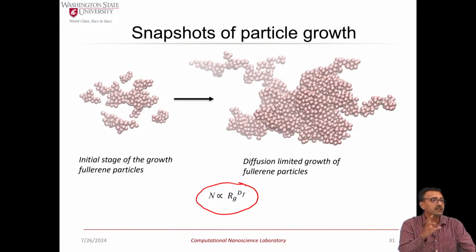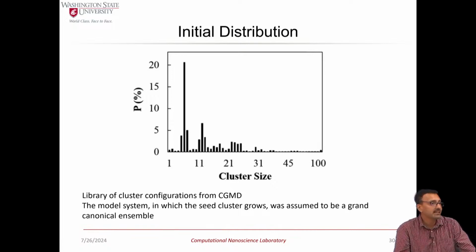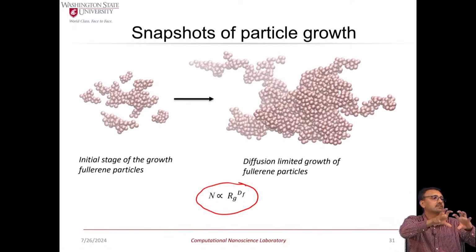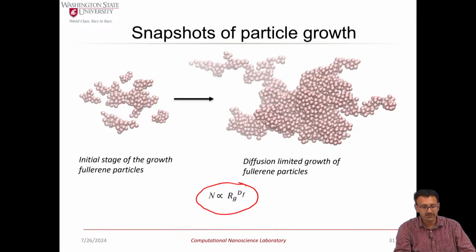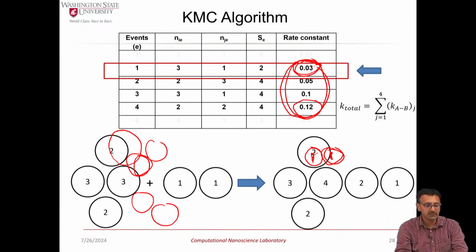And then in the kinetic Monte Carlo, the most intense, more complex module is where you select one cluster from the library and attach it to the right location. And even for that, something that I didn't mention, you can have multiple seed fullerenes in a certain cluster that you have picked, which has a coordination number of 3. So you have to randomly pick either this or this one here in this case.